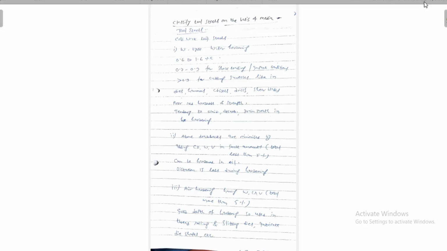Apart from these problems we may face during the quenching treatment, they have poor red hardness and poor strength. Poor red hardness means they will lose their cutting ability at high temperature, at more than 300 or 350 centigrade. So this is the main drawback of this W type or water hardening tool steel.